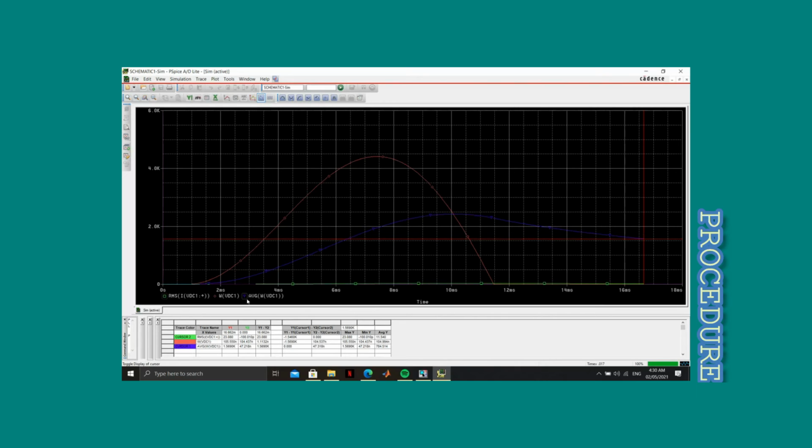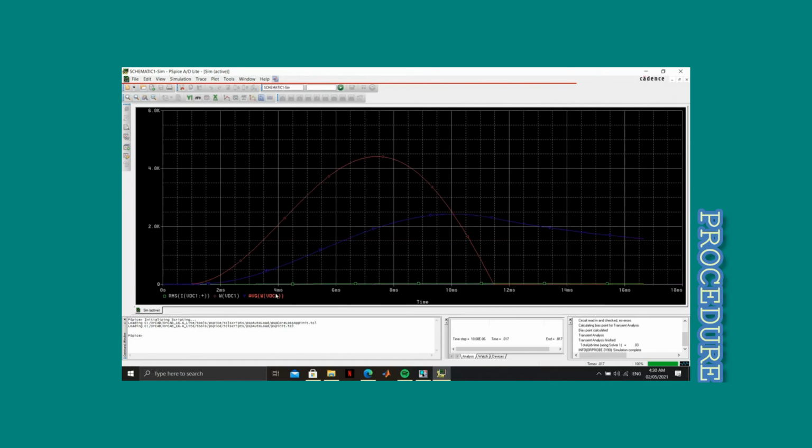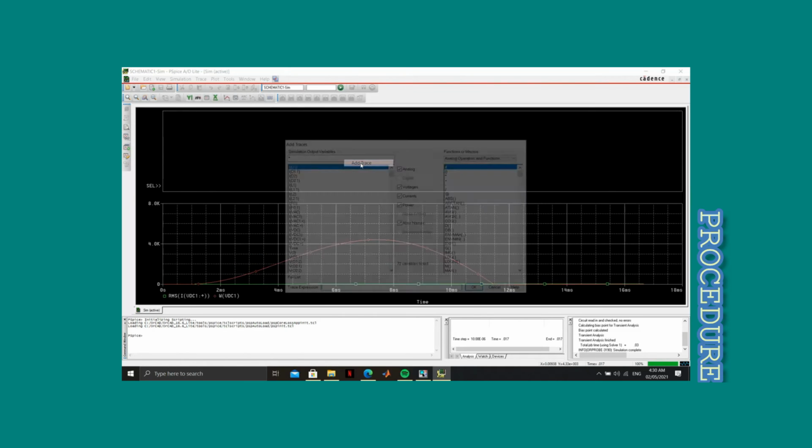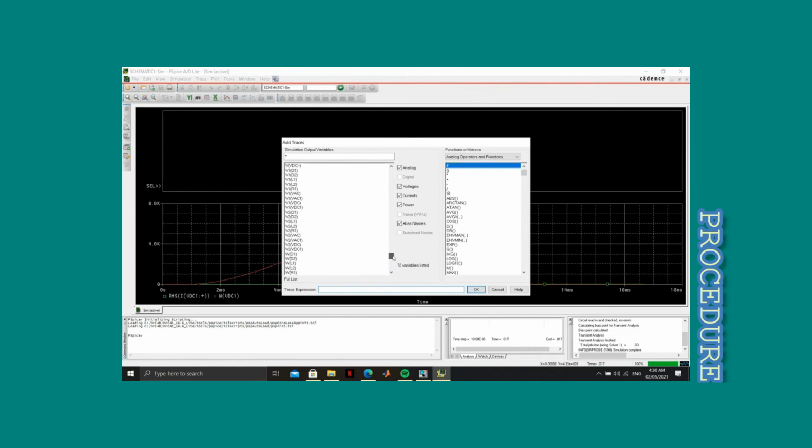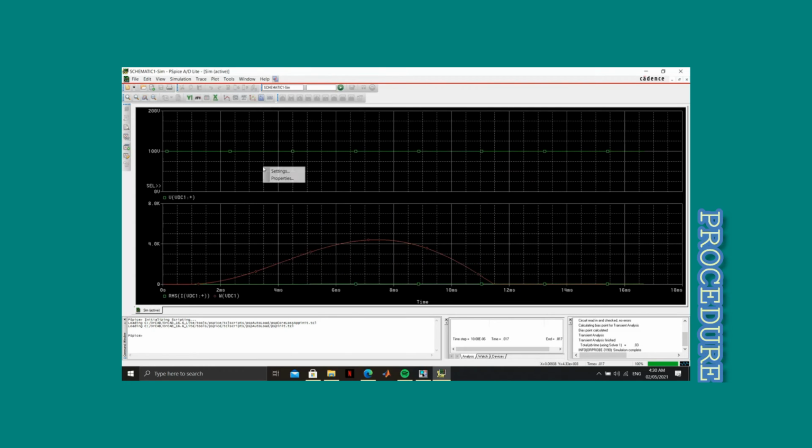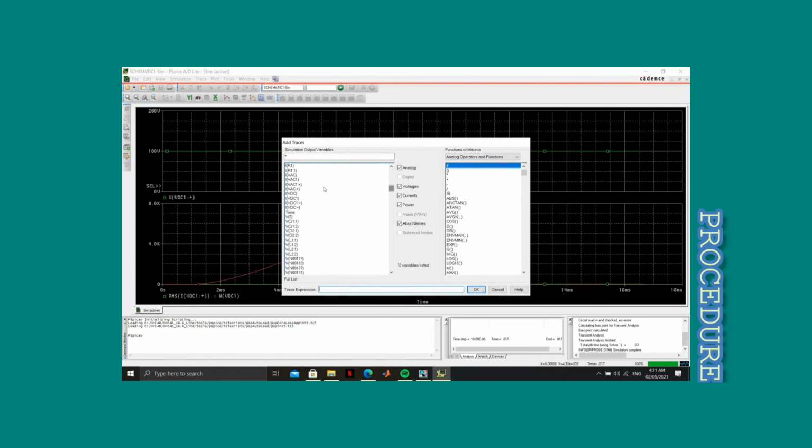Now let us remove this and let's add another plot at trace. Now let us add the DC voltage, the AC voltage, and let us also add the voltage waveform across the inductor.